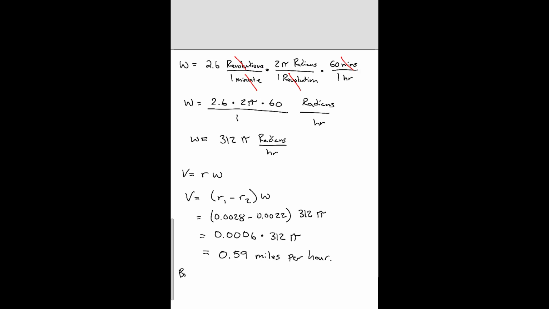So Brett's speed is approximately 0.59 miles per hour greater, or faster if you like, than Will's speed.